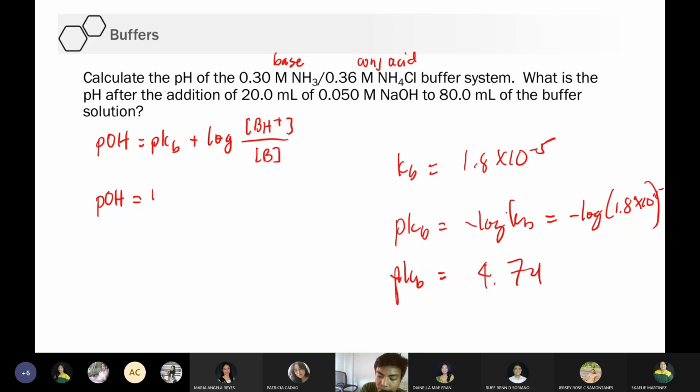pOH is 4.74 plus log of the concentration of conjugate acid BH+ over the concentration of base. So you can now solve for the pOH, then eventually solve mo yung pH. Okay? Paki-plug in na lang sa calculator.